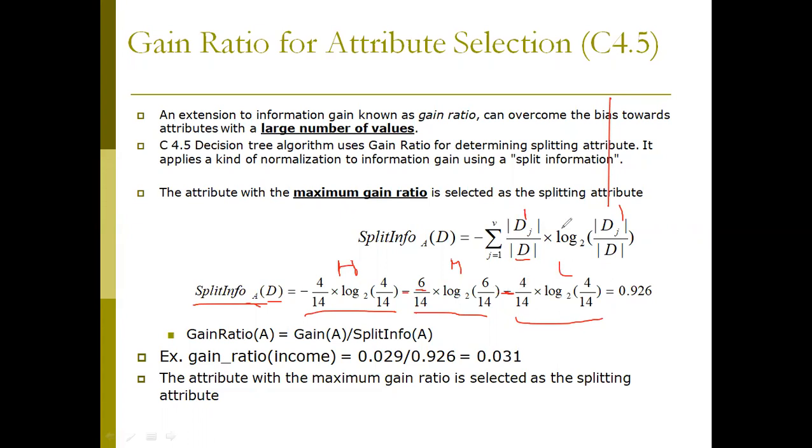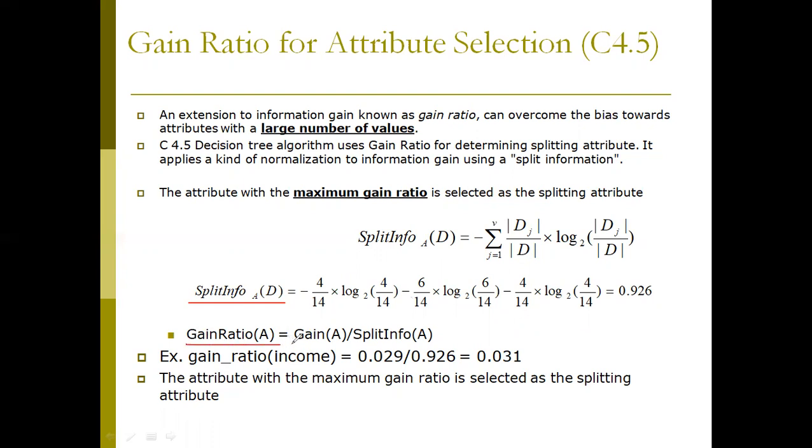So that's why minus 4 by 14 into log base 2 of 4 by 14. Finally, this is the result we got for the split information of the income attribute: 0.926.